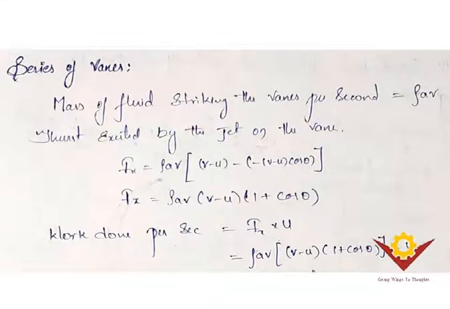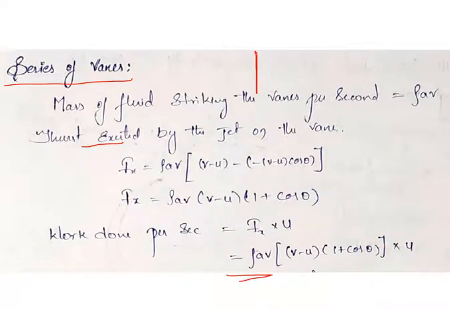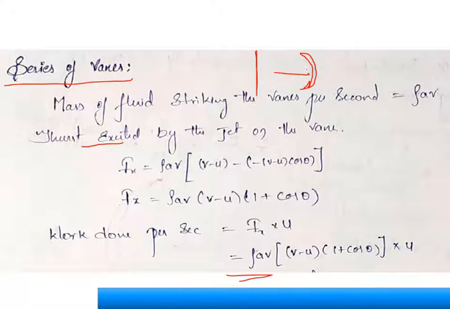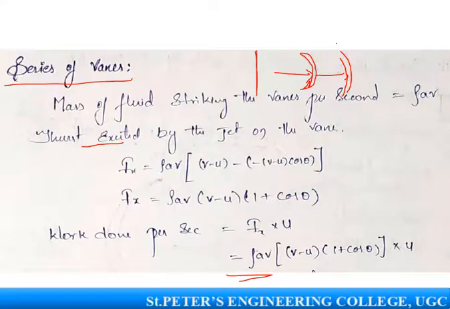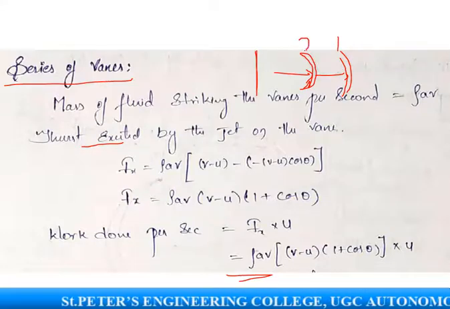Yes, now we'll see a series of vanes. Here a series of vanes means, for example, first we have a vane, some plate or vane here, or any inclined or flat plate. After striking this, it will move towards some point, and next this will be your 1 and this will be your 2.